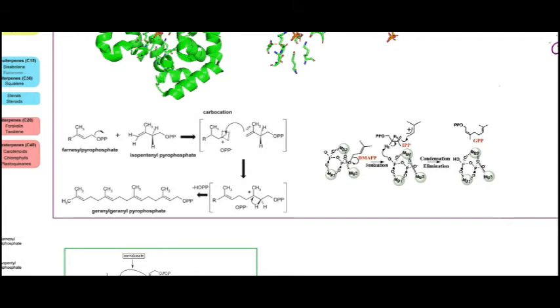And so the electrons from this double bond will actually attack this carbocation, this positively charged carbon here. That forms a bond between this carbon and this carbon, and that would be this bond here.